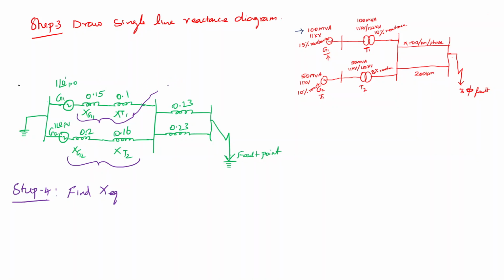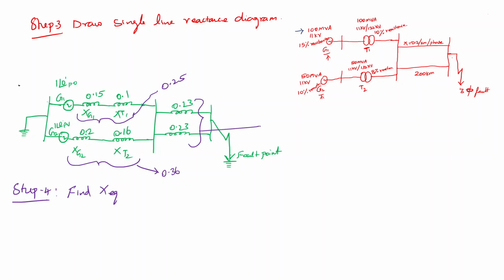So just add these two and tell me the value. It is 0.25, very good. And this one is 0.36. I just added these two values, and you can see these two are in parallel. So what is the parallel formula?